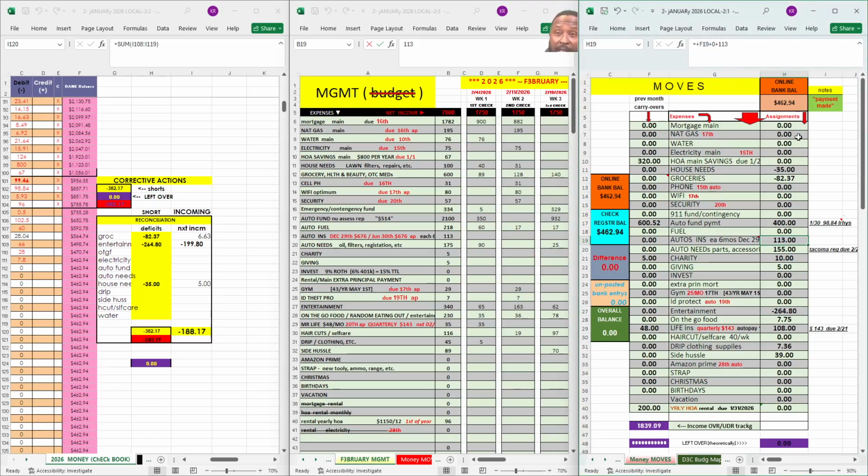So this is what I normally do. I try to make everything in this column zero before the end of the month. That's why I leave a few days into the next month in order to see what expenses I'm going to have, and then I'm going to determine, okay, do these expenses belong to the previous month or do they belong to the new month?